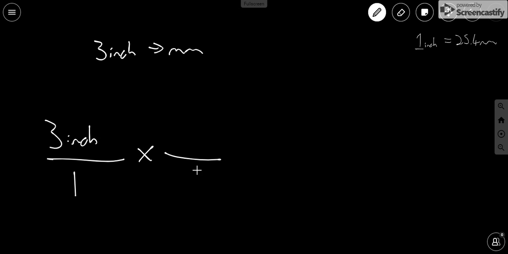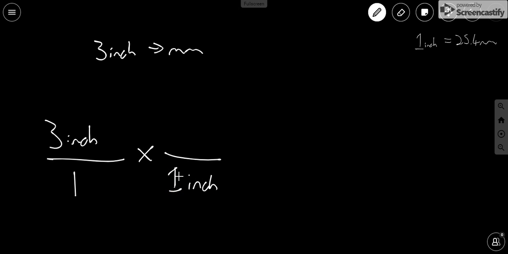If you divide anything by itself, you always get back to 1. If you times anything by itself, you always get back to 1. So if I have inches at the top, I put inches at the bottom.